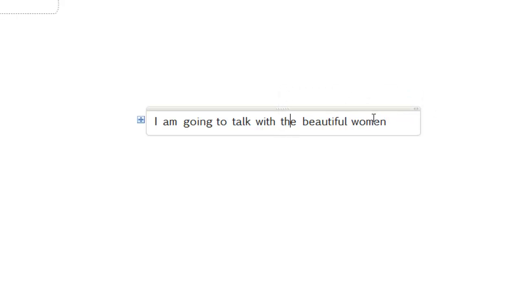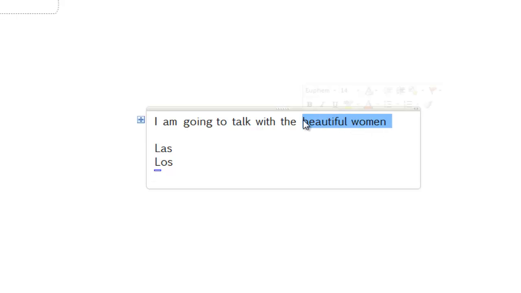If you don't know what that is, I think we looked at it, but las for feminine, los masculine. So for the women out there, you would not say beautiful, but good looking men, or handsome.